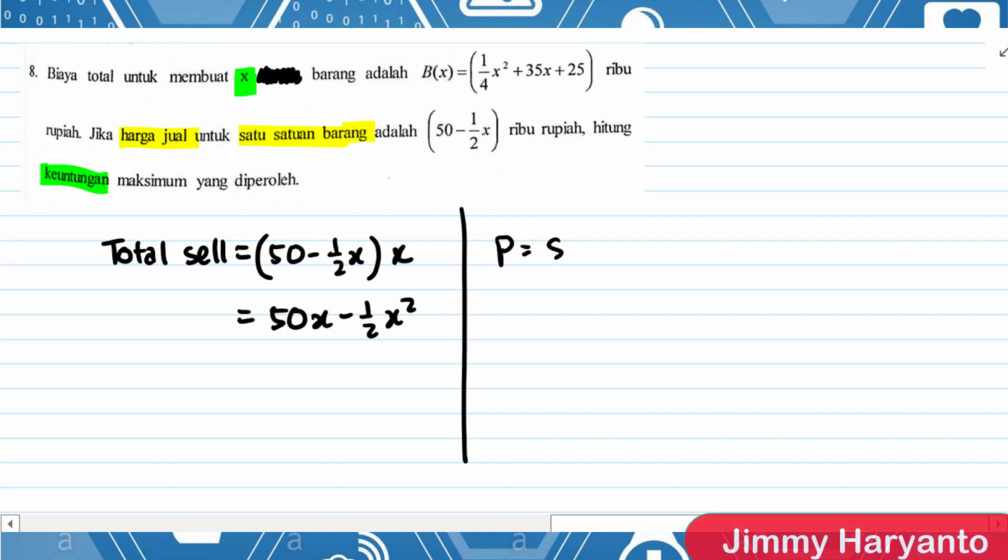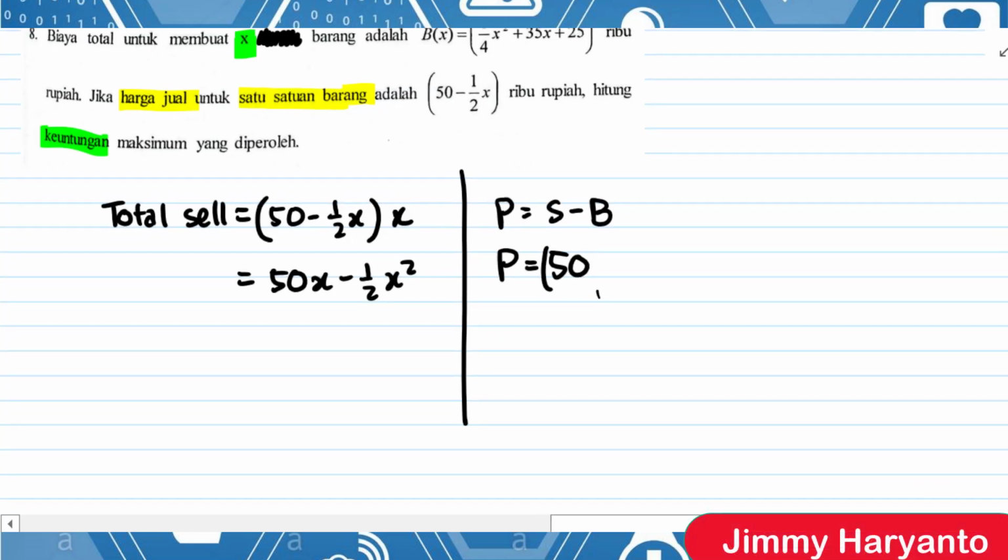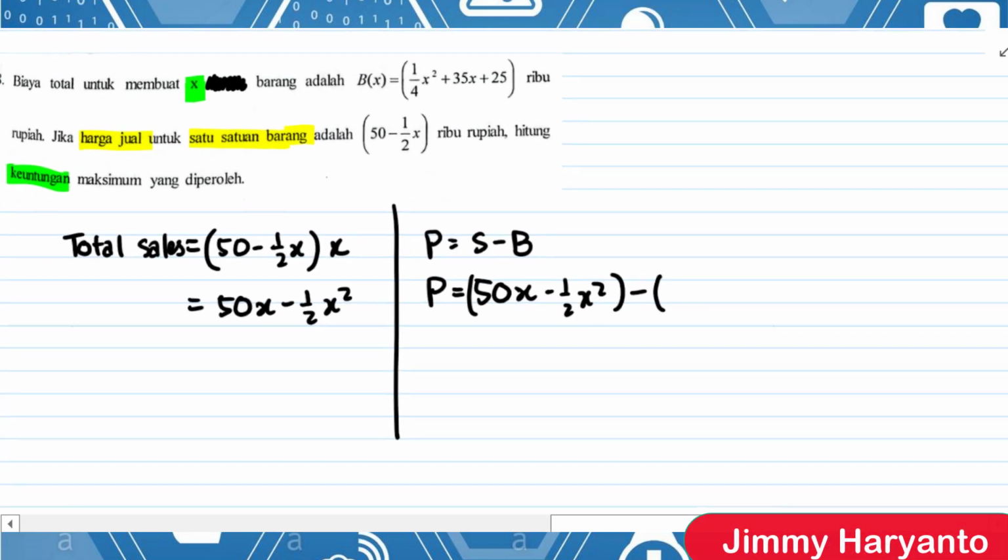Profit will be sell minus cost. Yeah, sell minus cost. P equals the total sales, which will be 50x minus half x squared, and then minus the cost price.